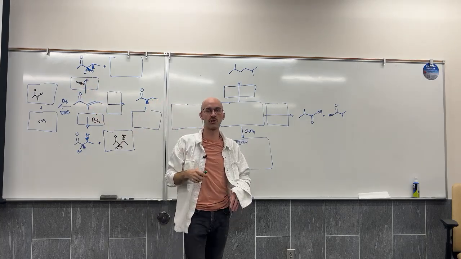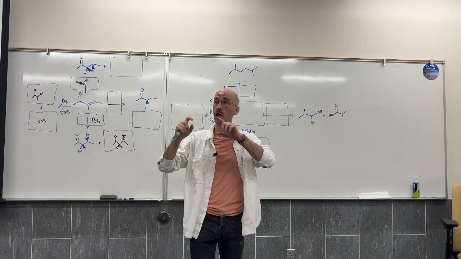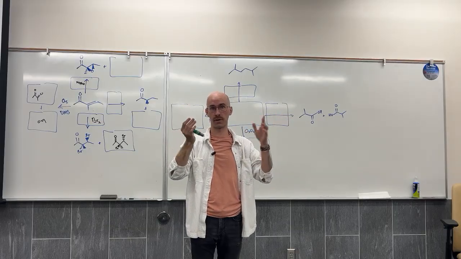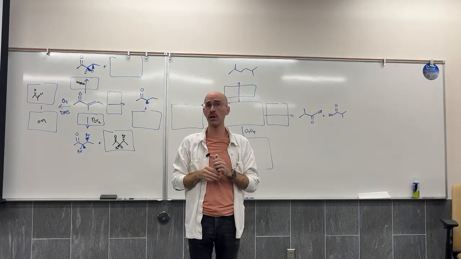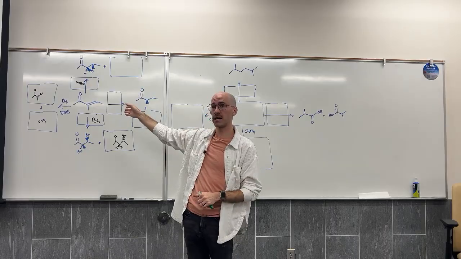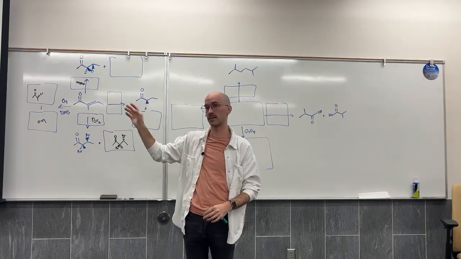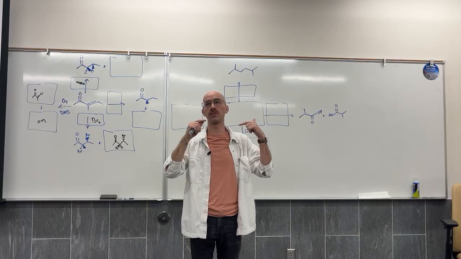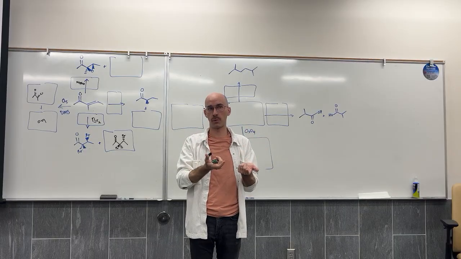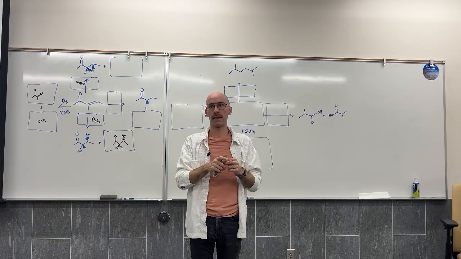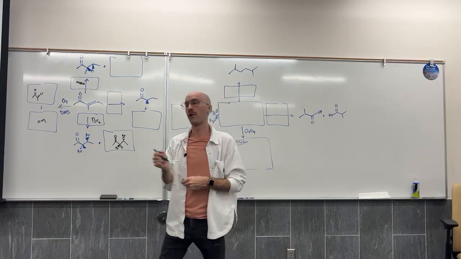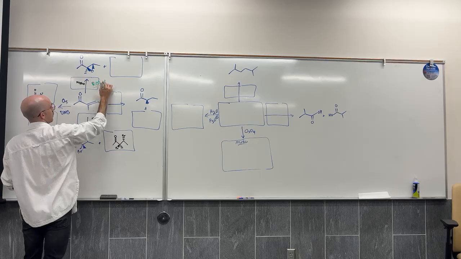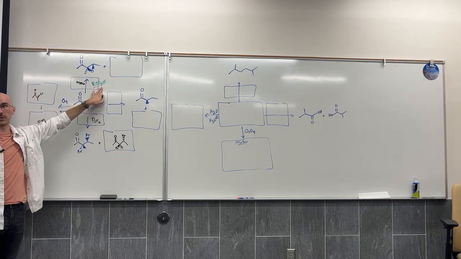And the question was, do I have to put MCPBA and RCO3 in parentheses? No. You could either put MCPBA, which is a type of peroxy acid, or you could put RCO3H, which is generic for peroxy acid. It doesn't matter if you actually have a real peroxy acid or just this generic version.